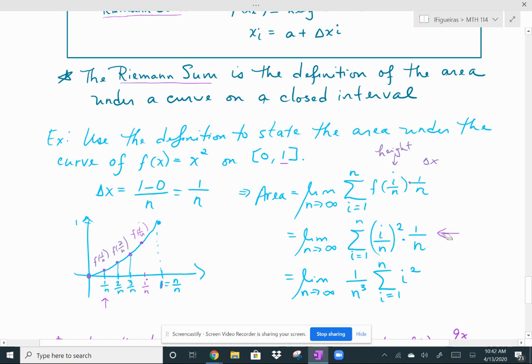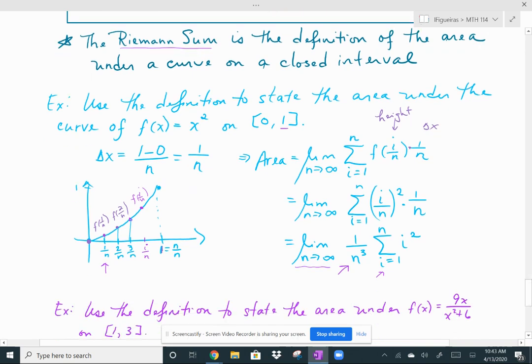So if you combine all the n's, you get 1 over n cubed. I'm putting that in front of the summation because the n doesn't change as your i changes. The only thing that n is going to get impacted by is when you take this limit, and that's done at the end. So I have 1 over n cubed times the sum as i goes from 1 to n of i squared. And that's how you set up your Riemann sum.